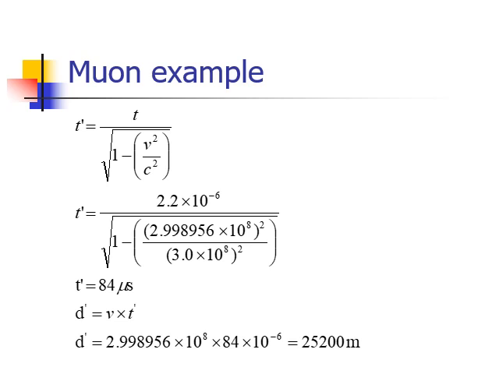And therefore, because the time is dilated to 84 microseconds, the distance that they can travel in that time is 25 kilometers. So we can detect them at the surface of the Earth when they've just been created in the upper atmosphere.